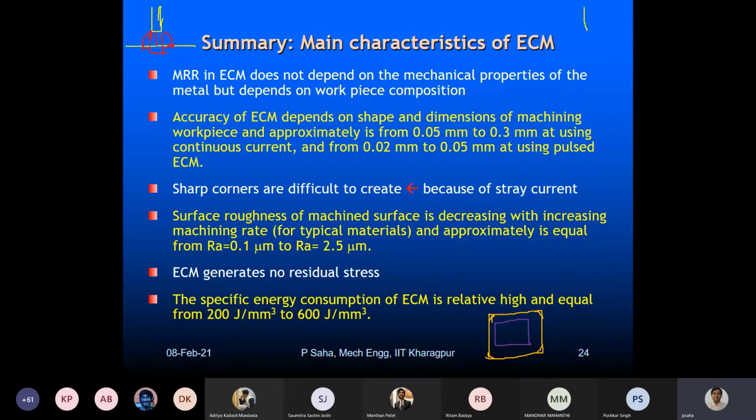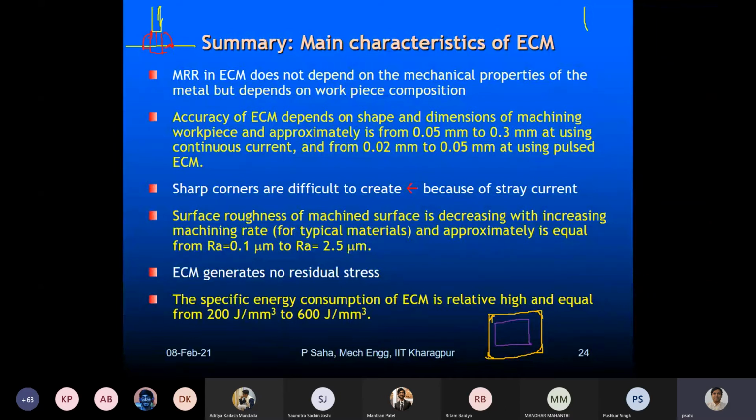Characteristics-wise, I said ECM does not depend upon the mechanical properties of the material like hardness and so on. So any hard material, any electrically conductive material, for that matter any metal, is electrically conductive, so all can be machined: metals and their alloys.